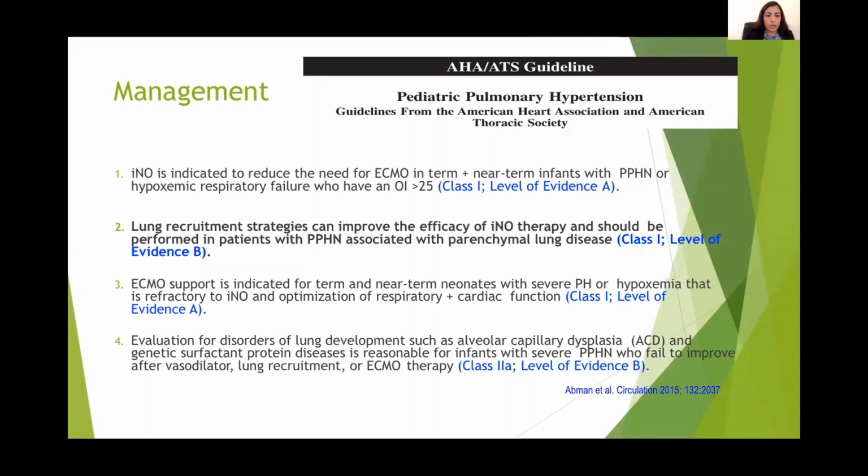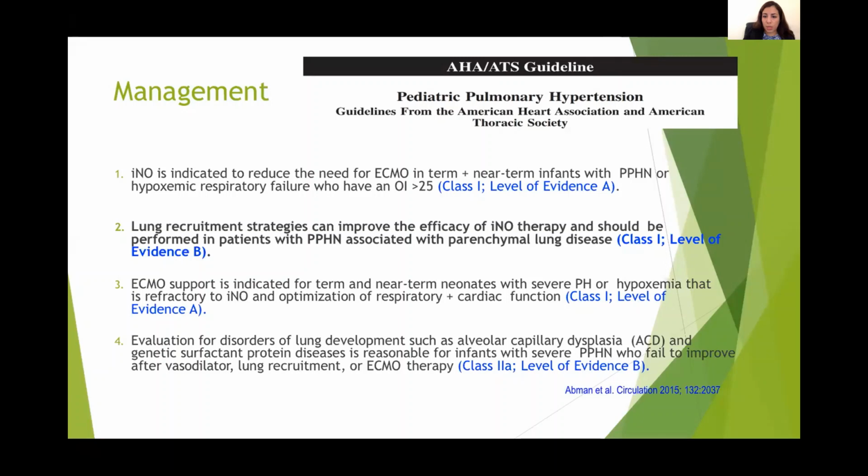Third, ECMO support is indicated for term and near-term neonates with severe pulmonary hypertension or hypoxemia refractory to nitric oxide and all optimized ventilation and cardiac function.